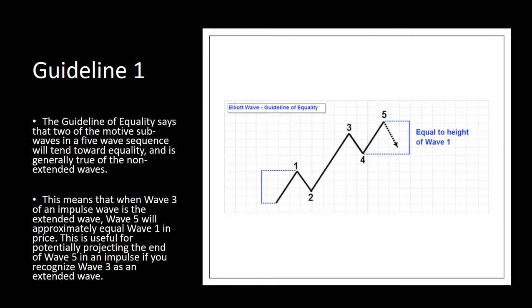This is useful for potentially projecting the end of wave 5 in an impulse. So this is wave 1, and this is 4 to 5. If you were to drop the same measurement on the 4 to 5, you can then predict where wave A should be and where it should recover from.